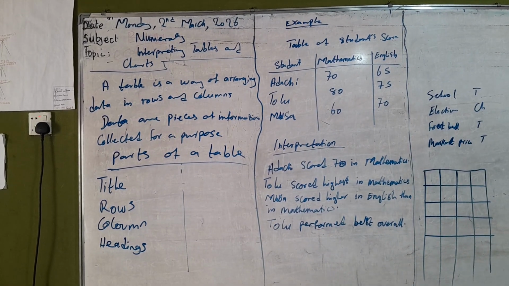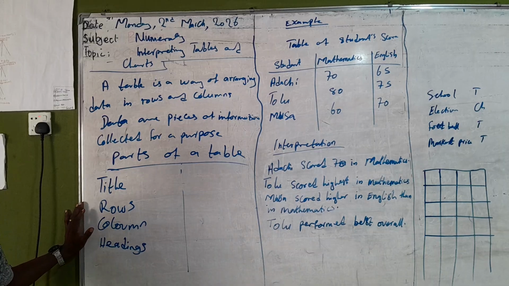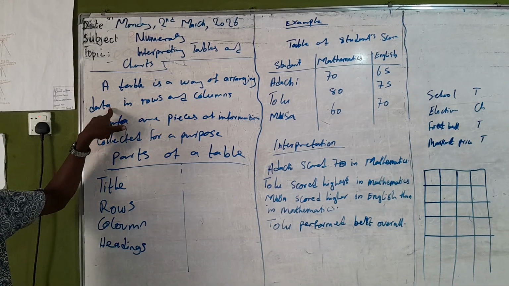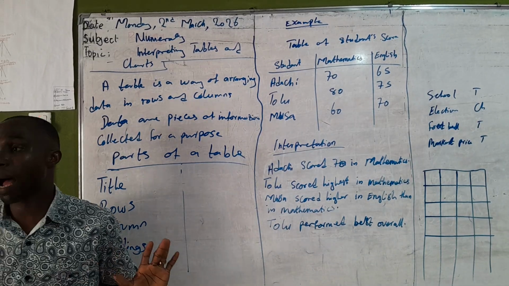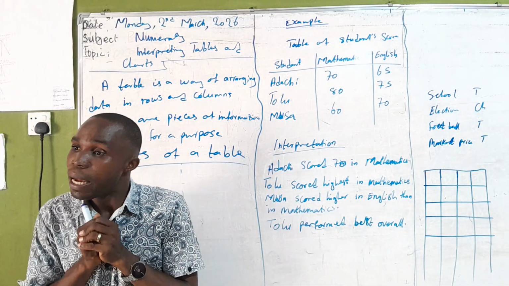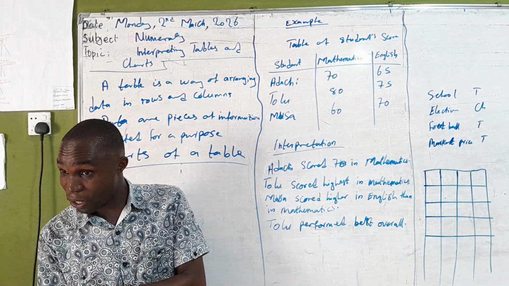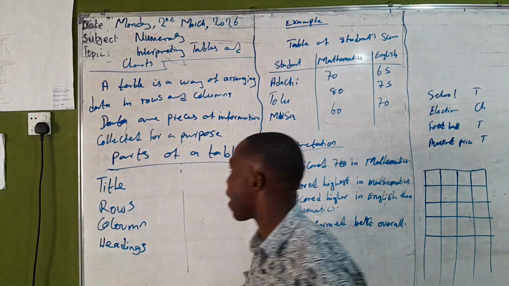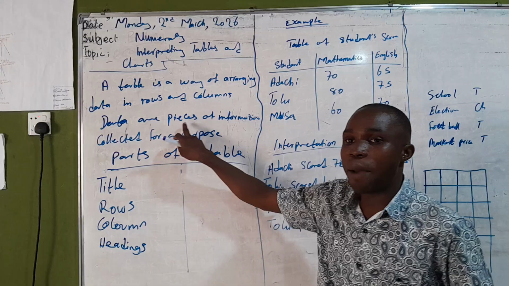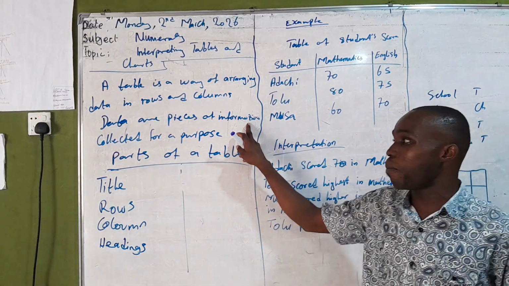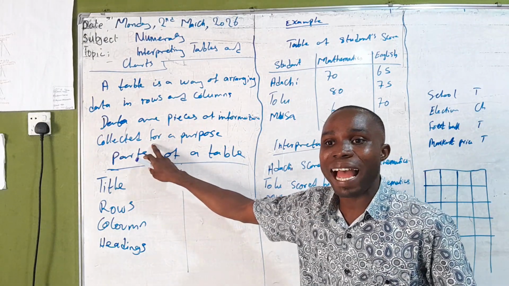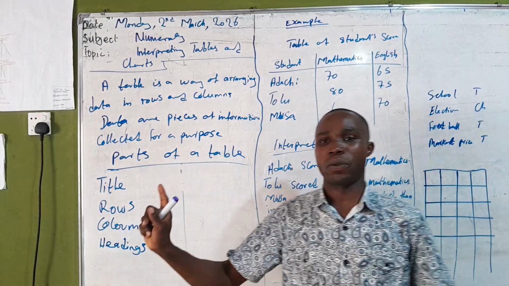In the definition we also have data appearing, and data is a big grammar word. I know that in ICT we've done data and information. What is data? Data are pieces of information collected for a purpose.